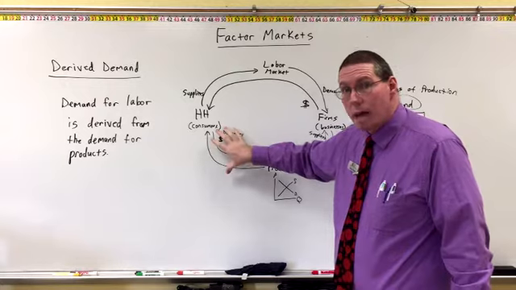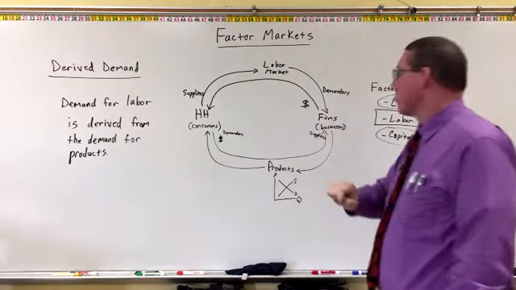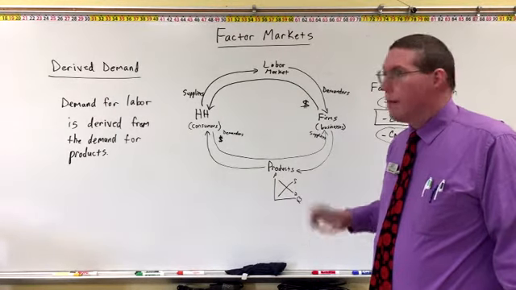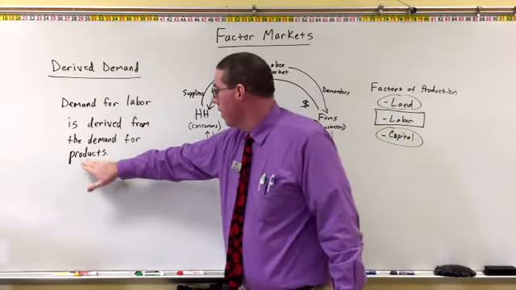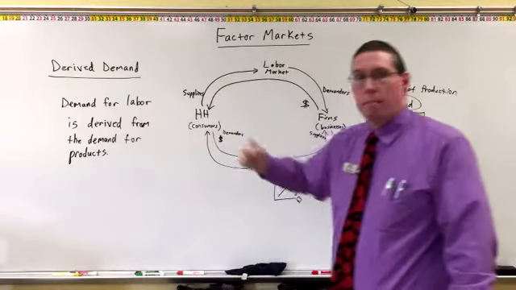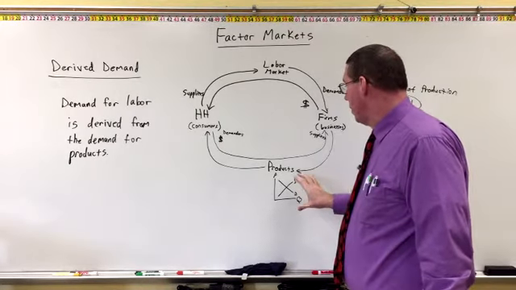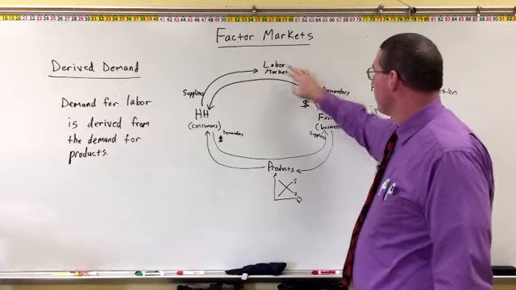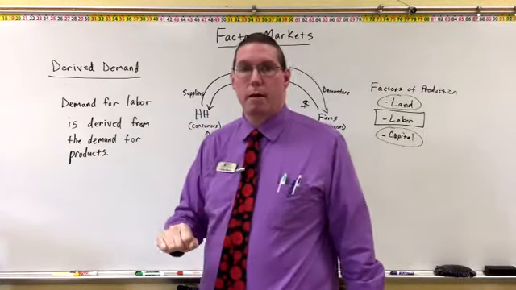The higher the demand for this product, the more workers that the firms are going to need to make that product. And so, the higher the demand for the product, the higher the demand for the labor that makes that product. The lower the demand for the product, the lower the demand for the labor that makes that product. And that's what derived demand means.